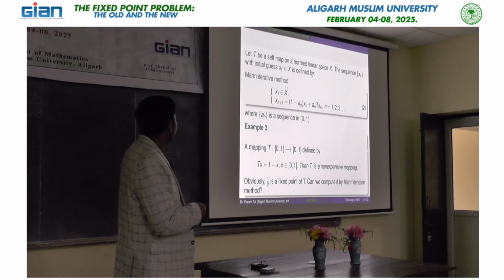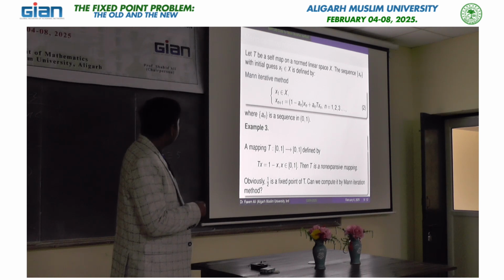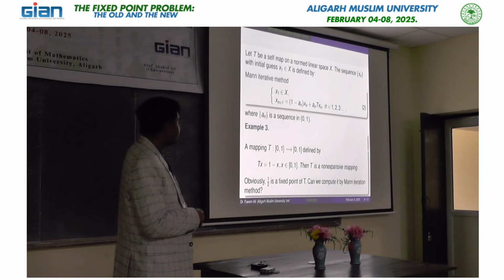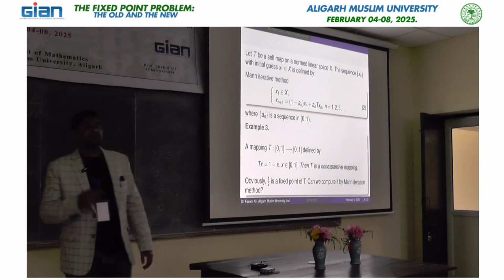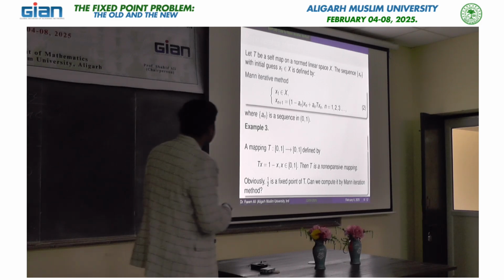If a_n is greater than 1, then this sequence does not converge. So for the same example, Tx = 1 minus x, which is a non-expansive map, can we compute it by the Mann iteration method? The answer is yes, we can compute it by the Mann iteration process.